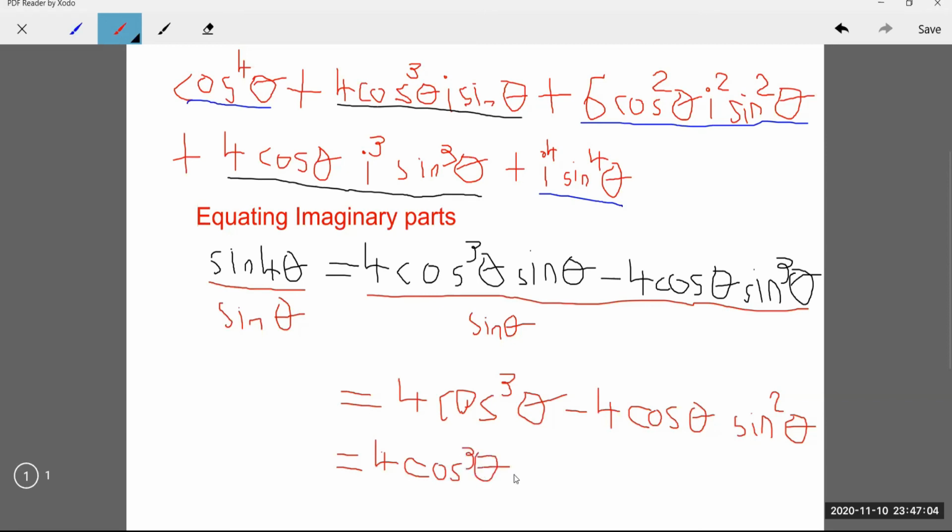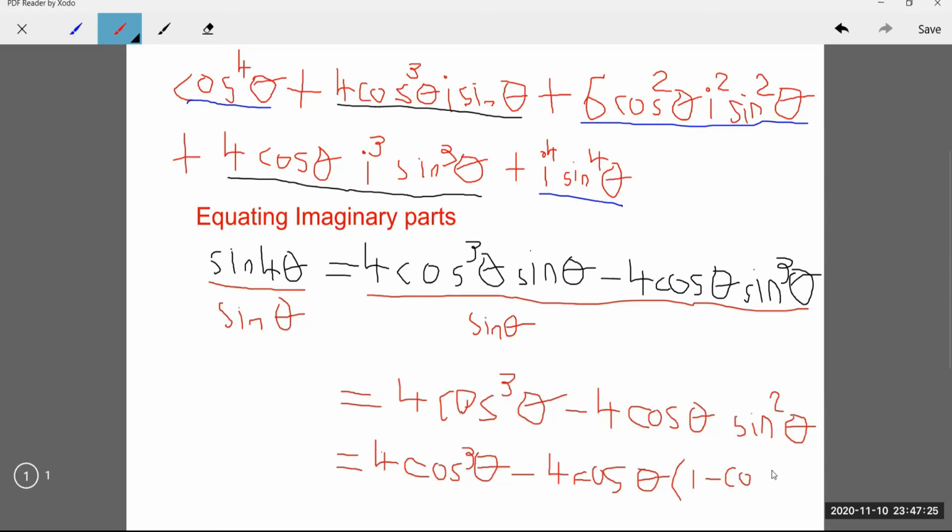We need everything to be in cos. So we rewrite sine square as 1 minus cos square. So this becomes minus 4 cos theta times 1 minus cos square theta.